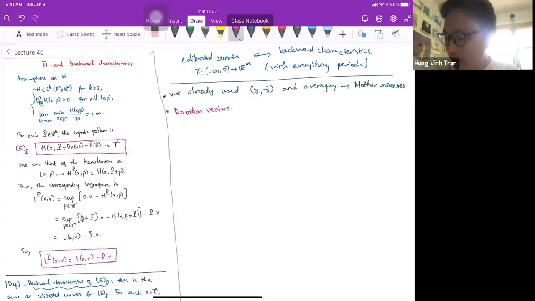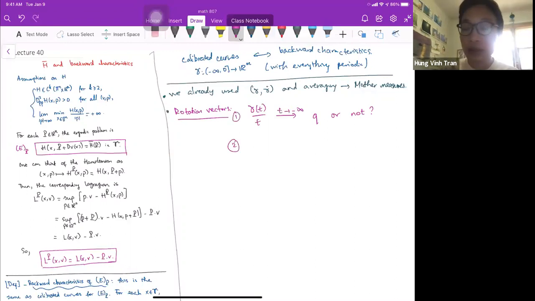The rotation vector is about whether, I'm not asking about gamma dot, I'm just asking whether gamma(t)/t, as t goes to minus infinity, converges to a rotation vector, to a vector q or not. So that's typically the first question in rotation vectors that people ask.